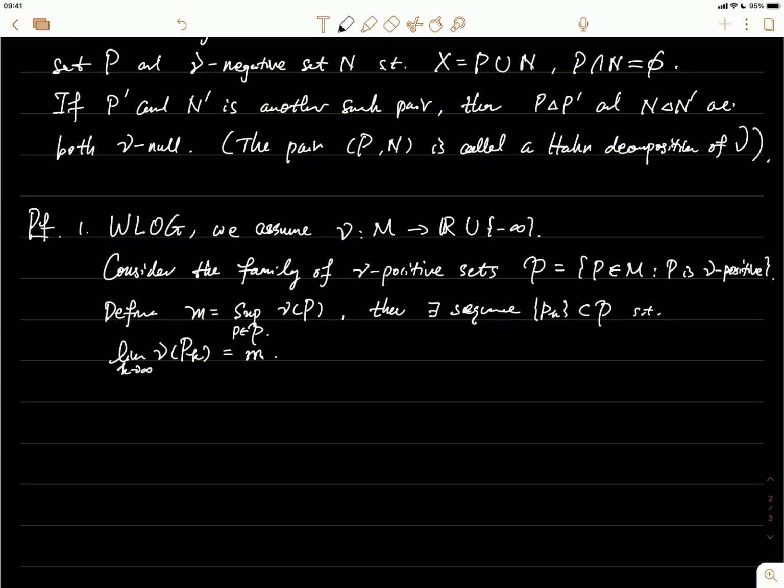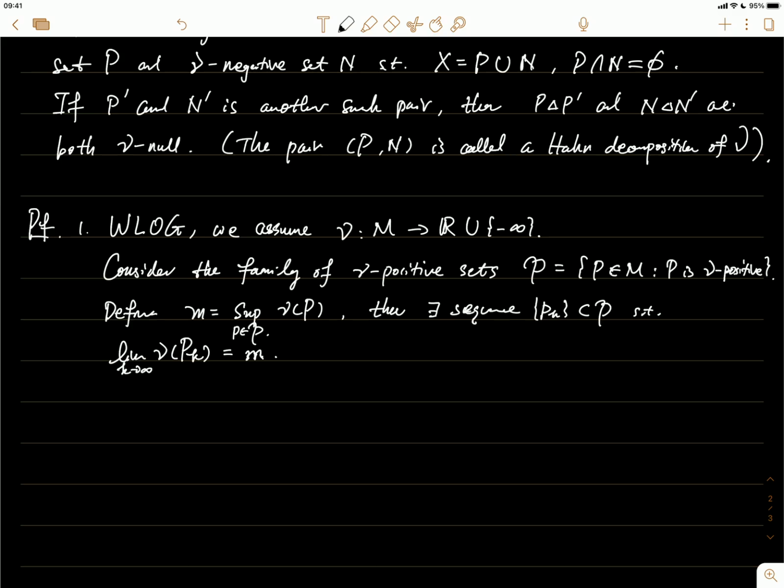That means that we can find a sequence of sets such that their signed measures are non-negative and they go to M. Now this Pk is a positive set, and the union of any two positive sets is still a positive set, and that is very easy to show. Actually, we showed that if we take the union of countably many of these sets, it's still a positive set.